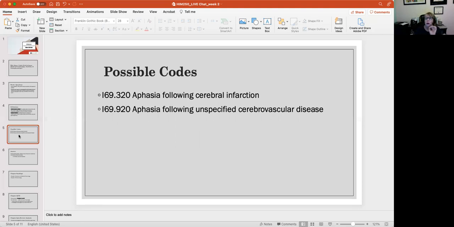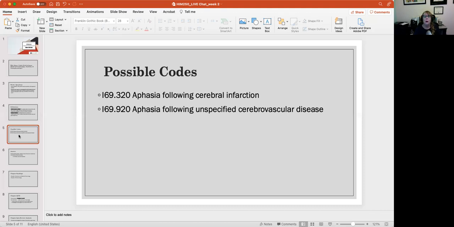So if you are missing a detail, like, did this patient actually have a cerebral infarction? Does this patient have cerebrovascular disease? We just don't know what it is yet. Okay, I need that documented in the chart. But like I said, you've got to look for it first to make sure that it isn't there.